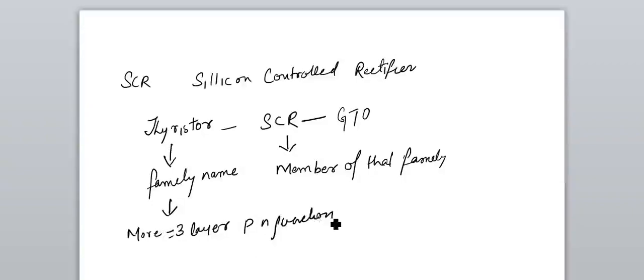Any device that has three or more PN junctions, we say that it is of the thyristor family. Next, it has two stable states.